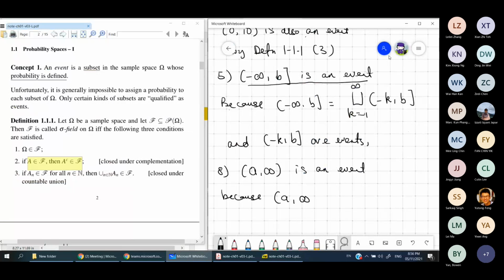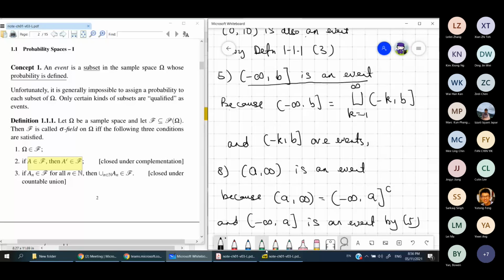This is equal to the complement of negative infinity to a, and this one is an event from number 5 that we have shown.